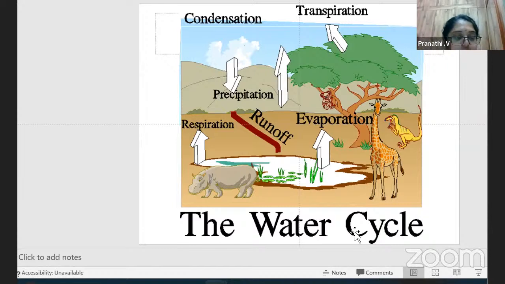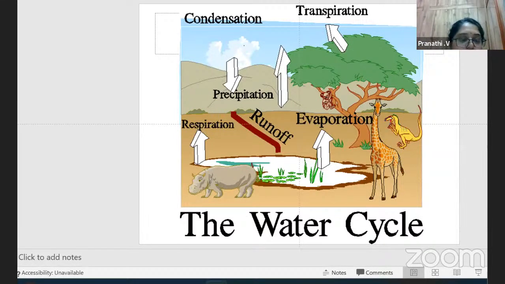And it plays a very important role in climate as well. And whenever water goes into the ground, it finally ends up in the rivers and the oceans. But before that, it sinks into the ground and becomes our groundwater storage, or it percolates and then finally goes into the oceans.